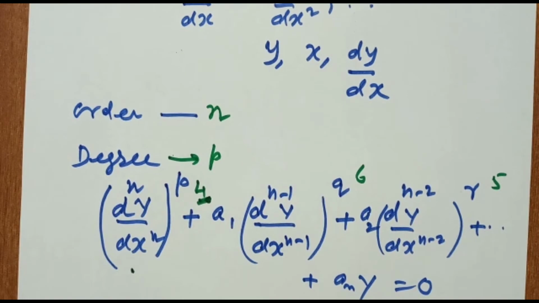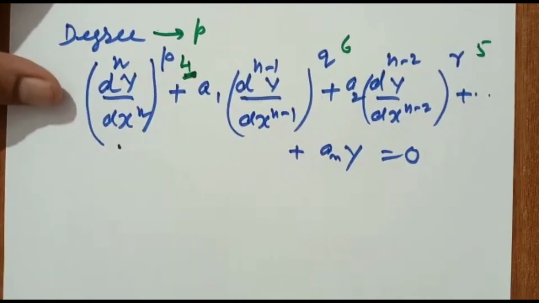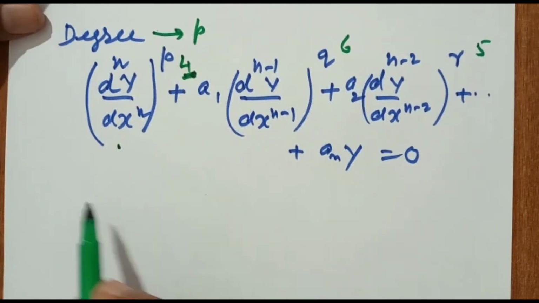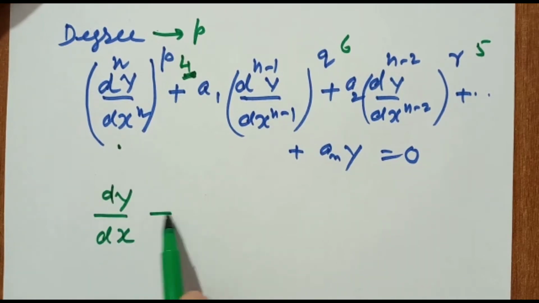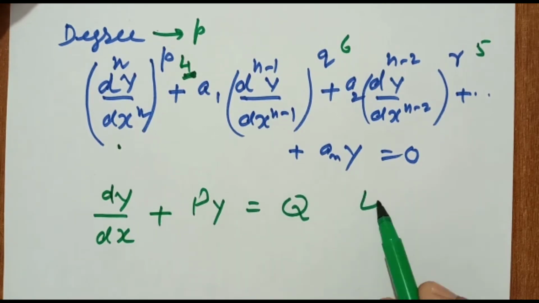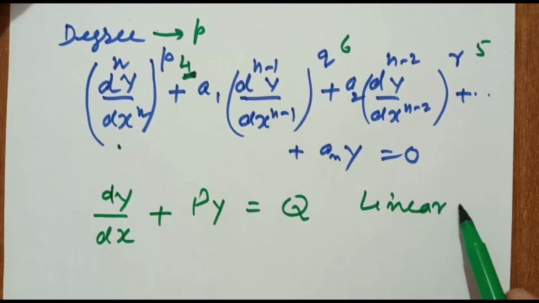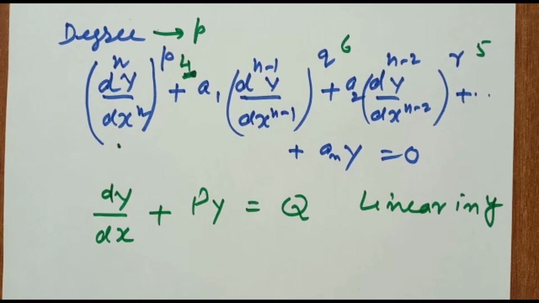Now what is the meaning of linear? As you know, linear means degree is 1. The definition of a linear differential equation: a differential equation of the form dy by dx plus py is equal to q is called a linear differential equation in y. This is the standard form. Here p and q are functions of x or constants.